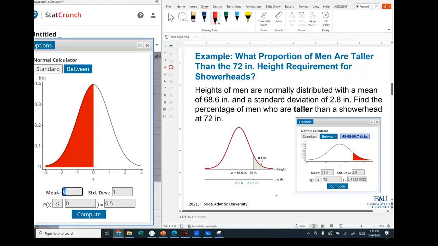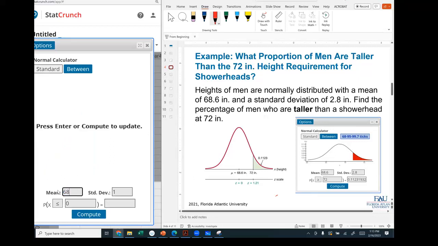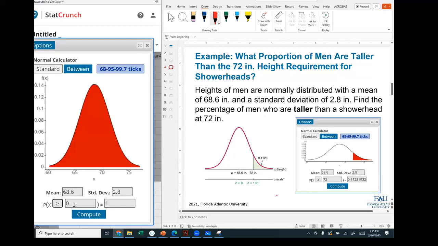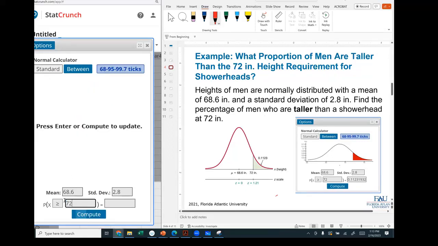I could change it into a Z-score, but I don't need to because I can just change the mean to 68.6. The standard deviation is 2.8. And I'm looking to find the percentage of men who are taller than the shower head. And the shower head is 72 inches.